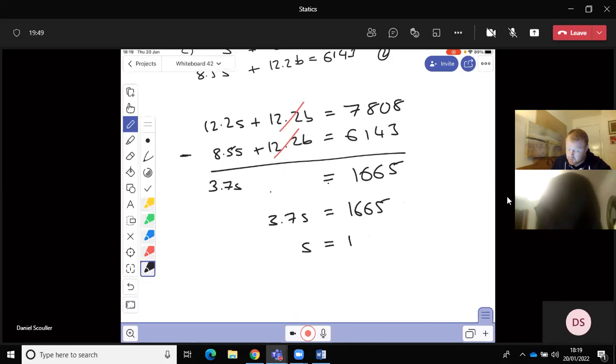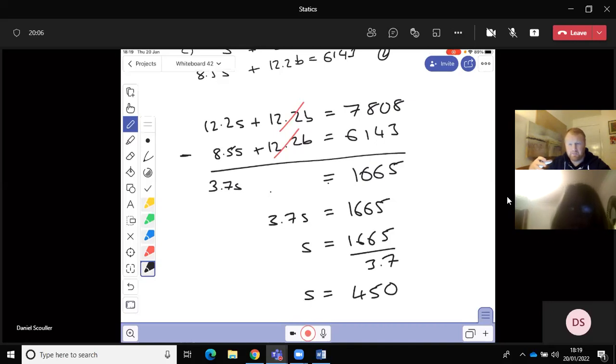S equals 1665 divided by 3.7. So S will be 450. Now, a good way to sense check yourself at this point is to ask, does that make sense? 450 seats in a theatre, yeah, that makes sense.